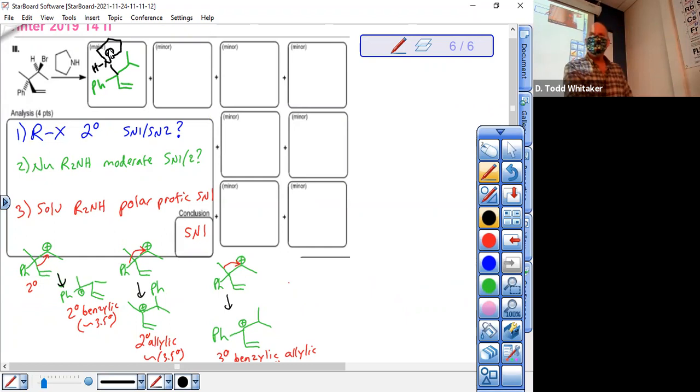It doesn't ask you to describe which one's better, which one's worse. So every other cation, please draw the nitrogen attached to it. Every single other cation you've drawn so far, attach a nitrogen to it. Okay, so I'm going to start with my first cation.